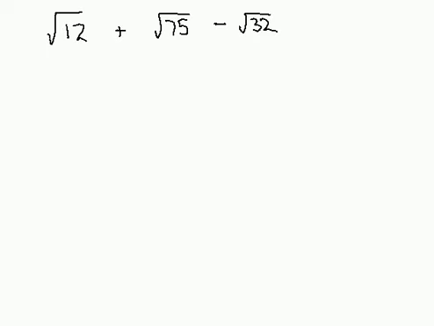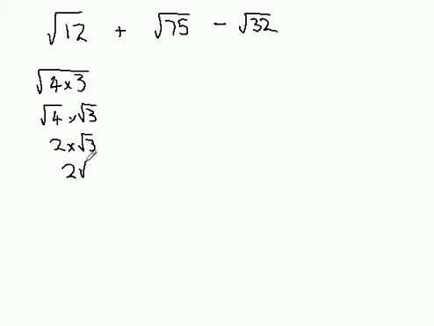Okay, let's see what we can do with this one. Now, 12, we're going to simplify that first. That becomes the square root of 4 times 3, which becomes the square root of 4 times the square root of 3, which becomes 2 times root 3, which is 2 root 3. Now, 75. Got to be on your toes with this one a little bit.